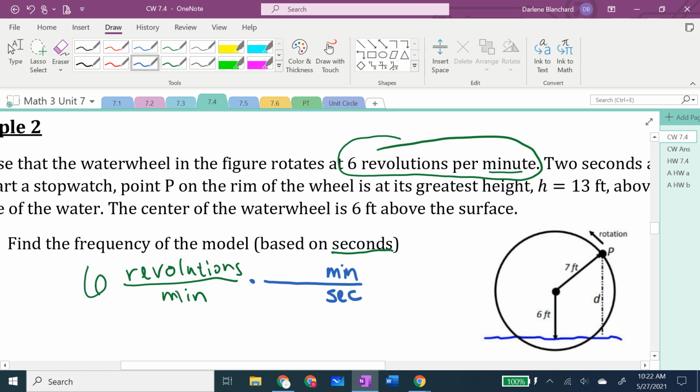And what is the ratio of minutes to seconds? 1/60. Yep. And so I'm looking at what is 6 times 1/60. And that gives me an answer of 1/10 revolutions per second. And that is my frequency based on seconds.